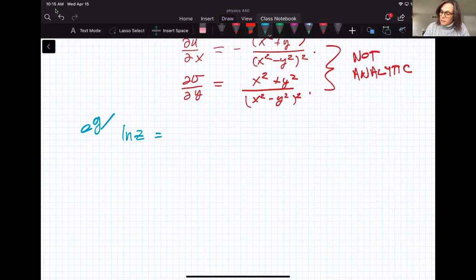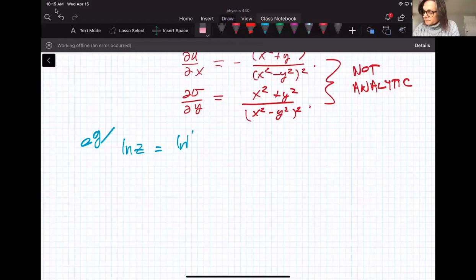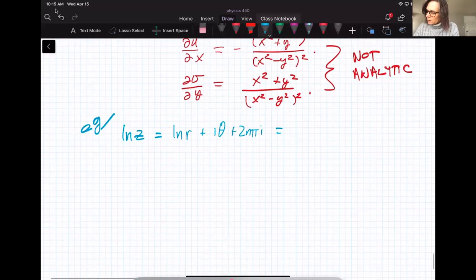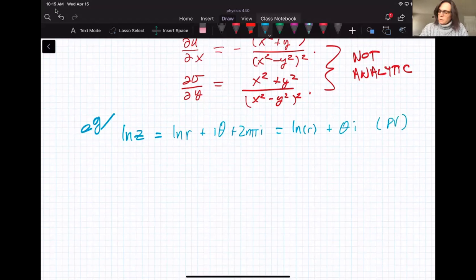Well, we can write this as ln of r plus i theta plus 2n pi i. That includes all of the multiple values, and we can focus on the principal value, which means this is equal to ln of r plus, say, theta i. We're just thinking about the principal value, okay?